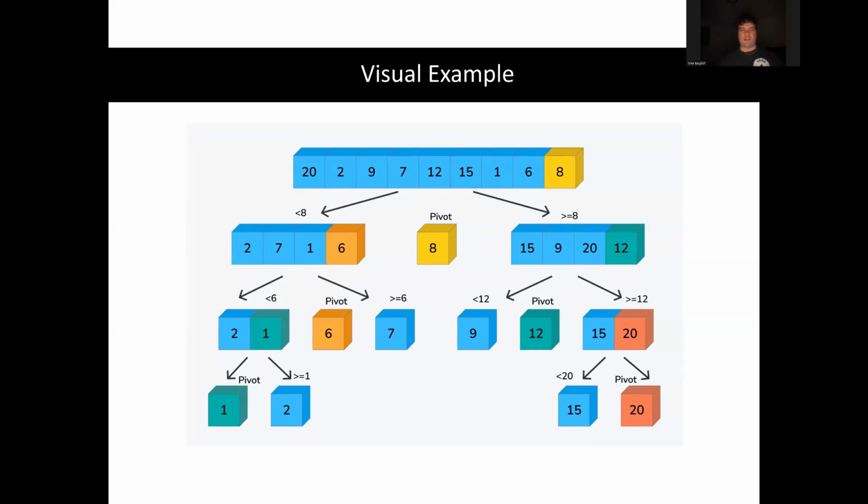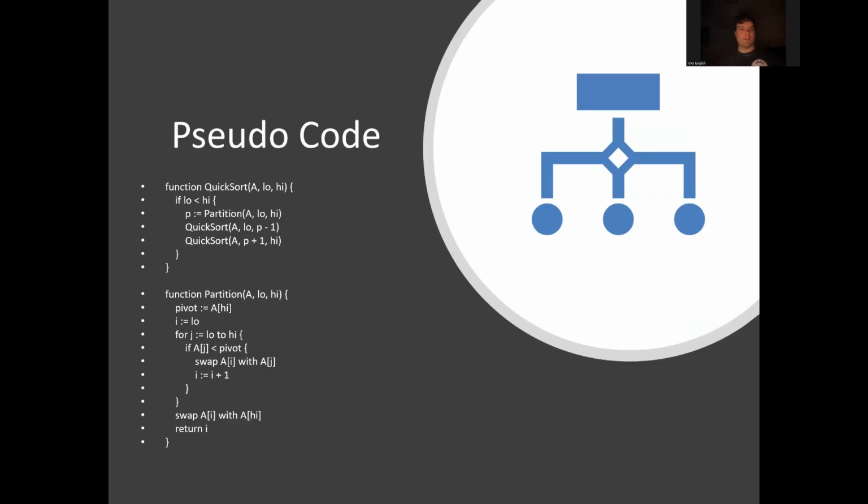So how would you write this? Well, here's the pseudocode for it. We have our function quicksort, with A being our data set, the array we want to sort, low being the low index, and high being the last index.